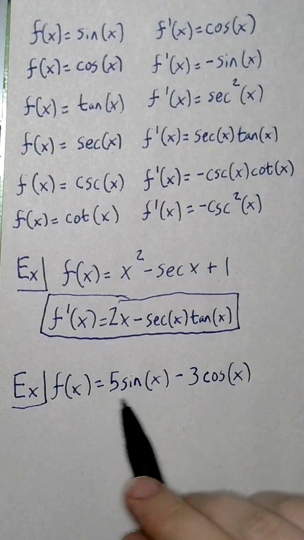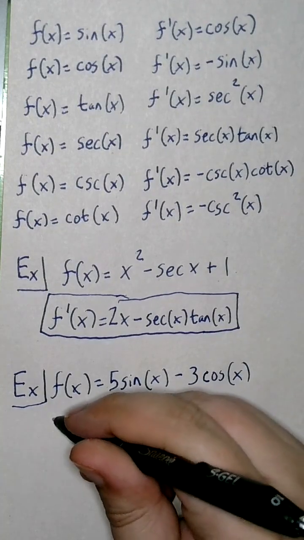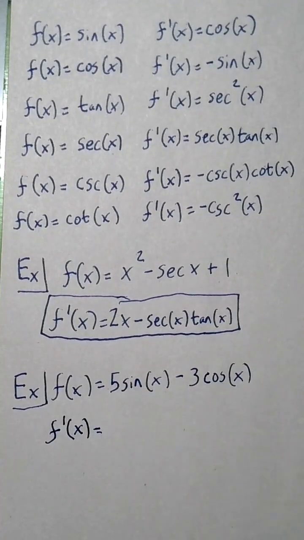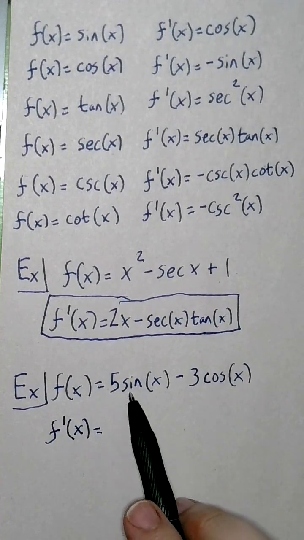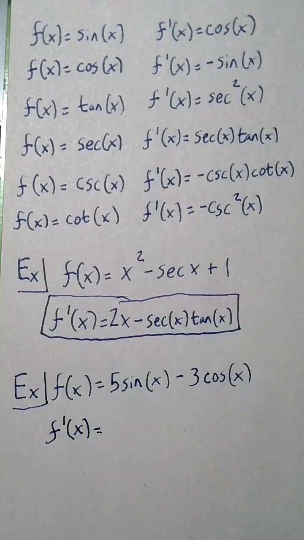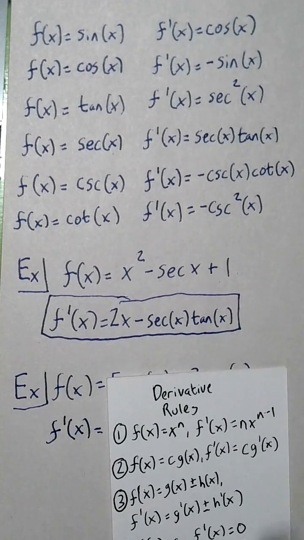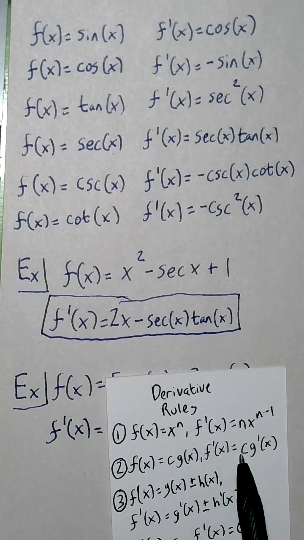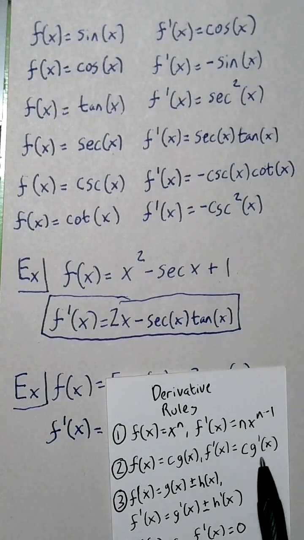So I want to find the derivative of that function. Here, I have a constant multiplier of a function. So if we look at rule 2, if I have a constant times a function, its derivative is going to be that constant times the derivative of the function.